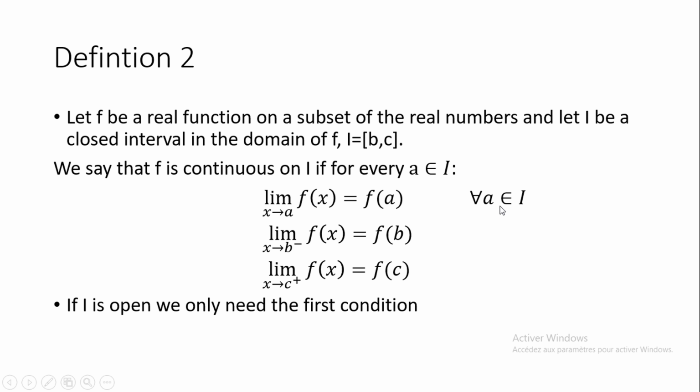And the limit when x gets closer to b plus of f of x is equal to f of b, and the limit when x gets closer to c minus of f of x equals f of c. So here we have b plus because we are coming from the right, and c minus because we are coming from the left hand side.